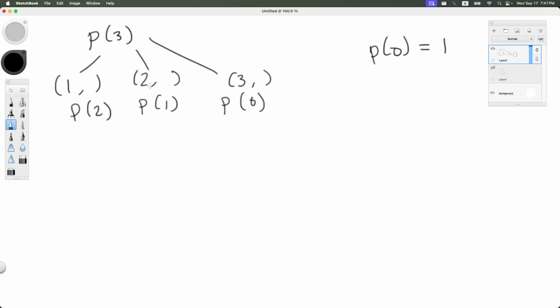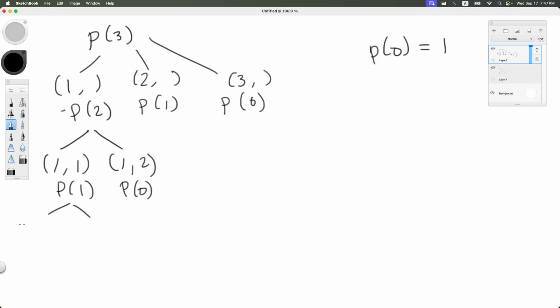But we encounter a problem. What's the problem? If we go through here, we have 2 choices now for P2. We chose 1 to be the first partition, we get this, and we are left with P1. If we chose 2 here, we have 1, 2, we have partition 0. Okay, seems like there's no problem there.